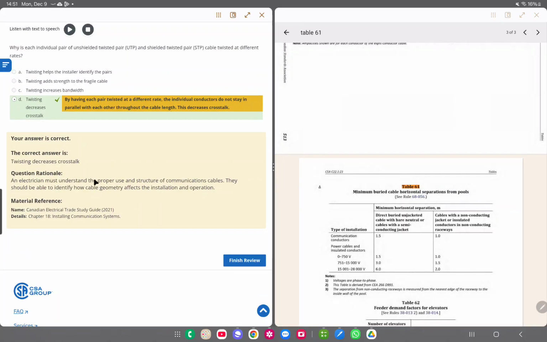By having each pair twisted at different rates, the individual conductors do not stay in parallel with each other throughout the cable length. This decreases crosstalk. So let's just take a minute to explore chapter 17.